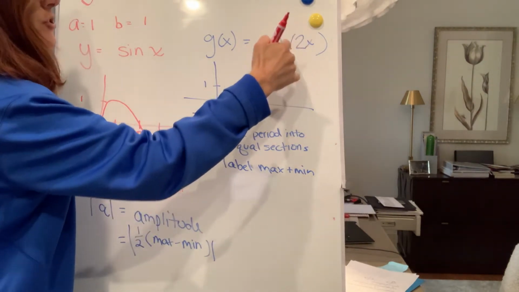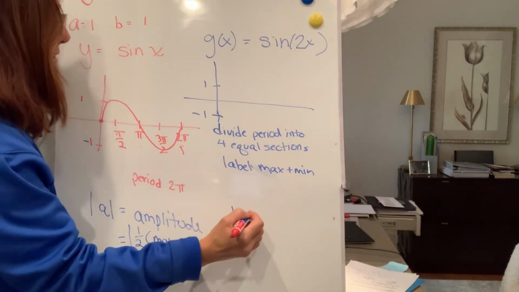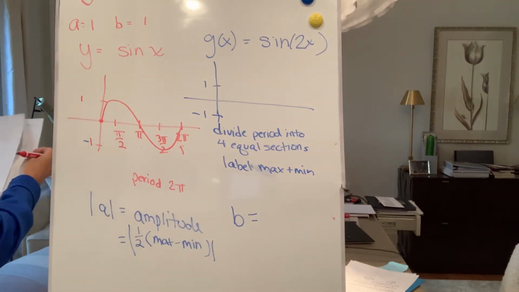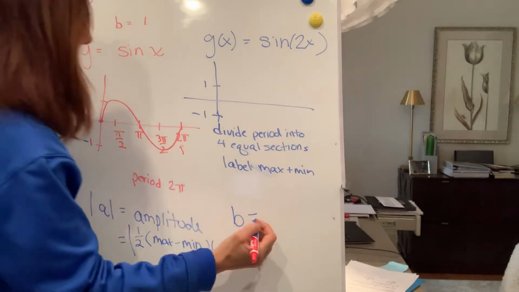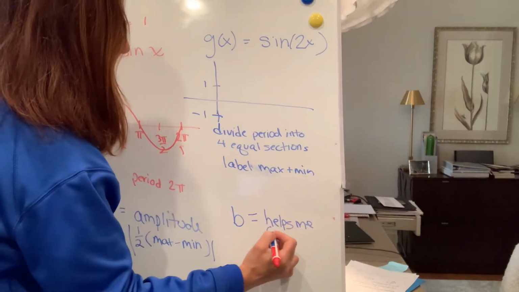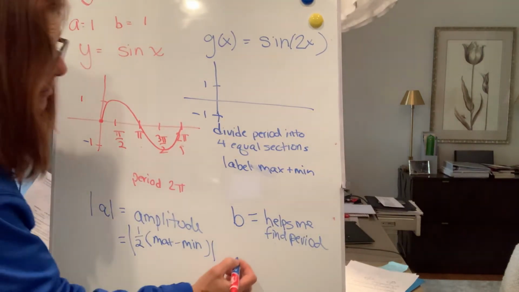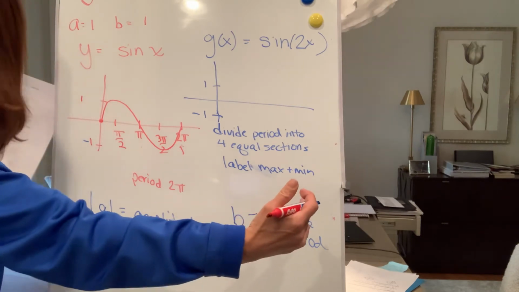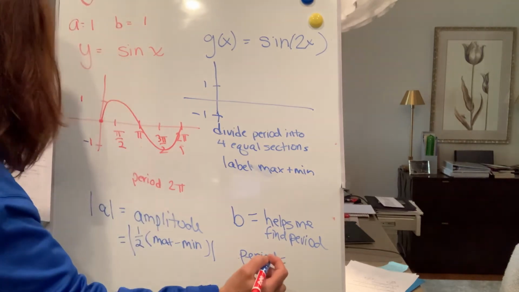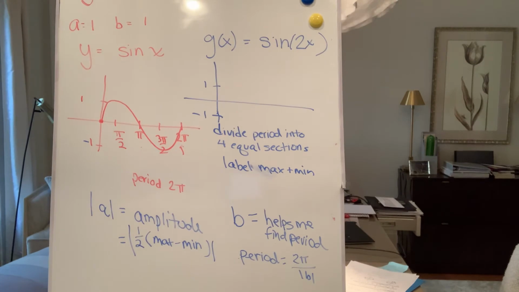But now this 2 stands for my b, and my b helps me find the period. The period, or over what length of the x-axis we're going to make our first cycle, is always going to be 2 pi over the absolute value of b.